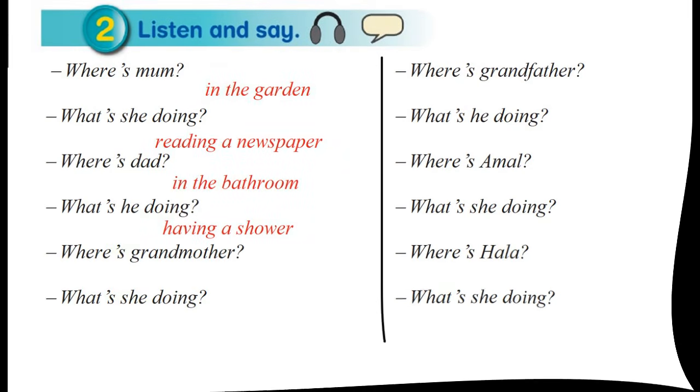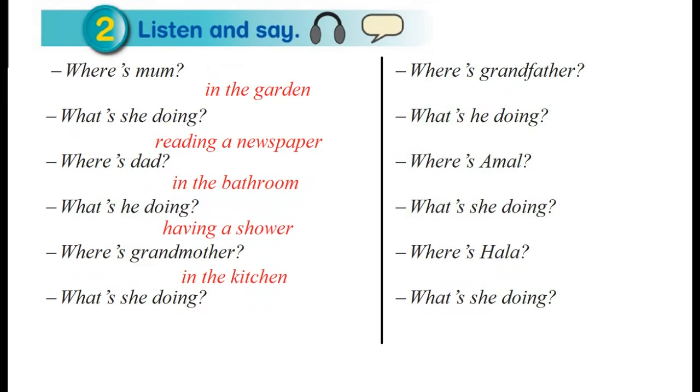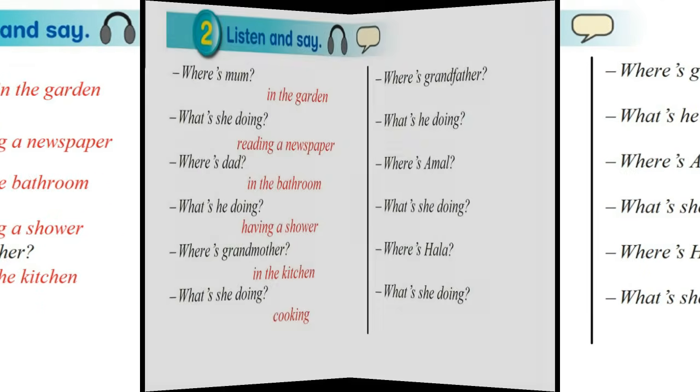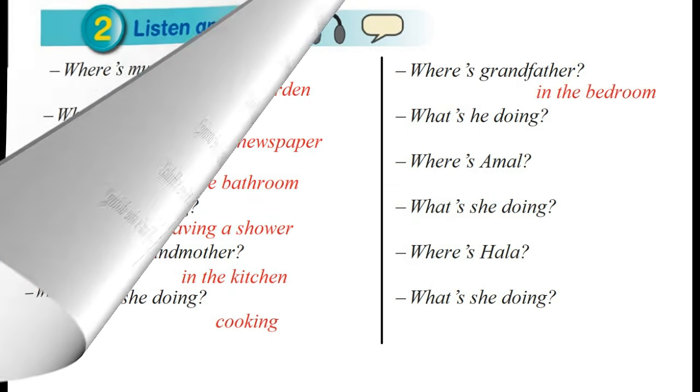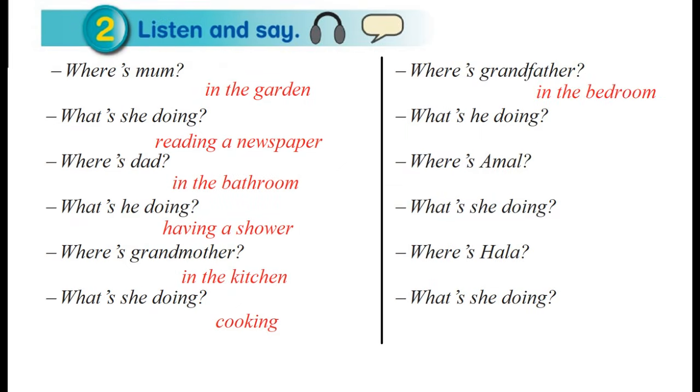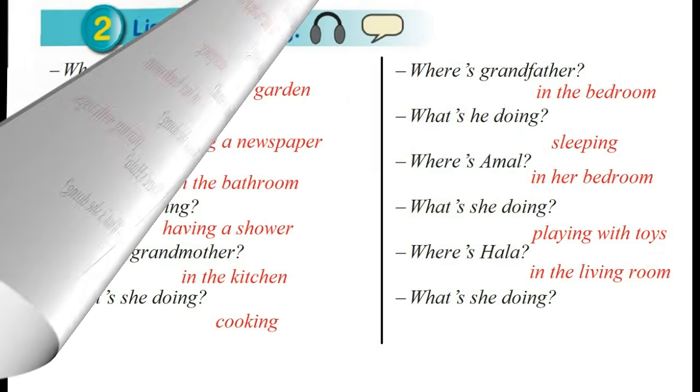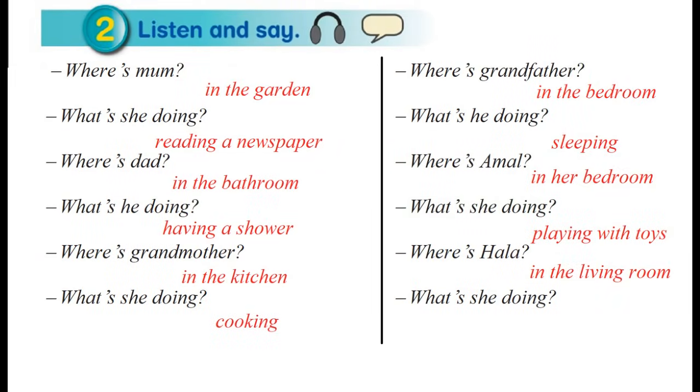Where's Grandmother? In the kitchen. What's she doing? Cooking. Where's Grandfather? In the bedroom. What's he doing? Sleeping. Where's Amal? In her bedroom. What's she doing? Playing with toys. Where's Hala? In the living room. What's she doing? Watching TV.